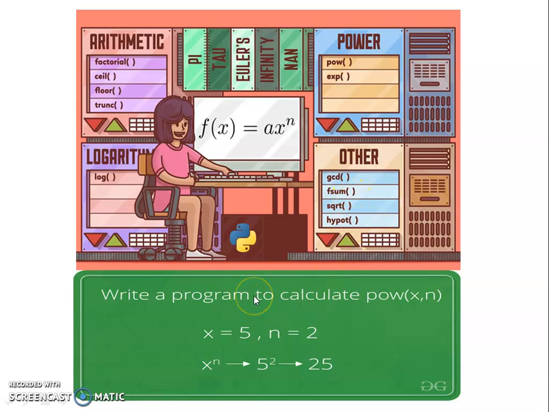Most probably the program is written in a computer language. Write a program to calculate power(x, n) where x is equal to 5 and n is equal to 2. So we know that base 5 raised to 2 is equal to 25. The power function is normally used in a computer language.